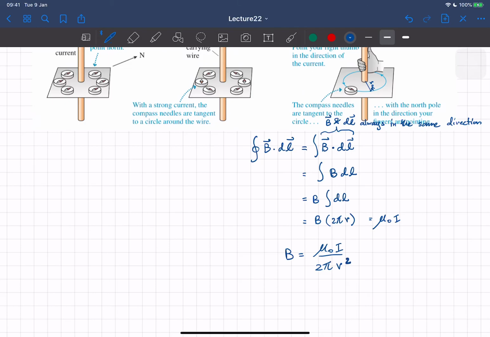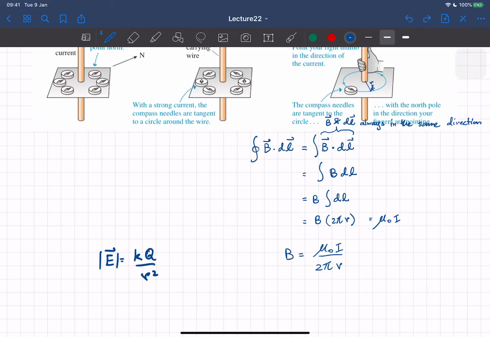So the further away from the wire, the weaker the magnetic field is, but it's not weaker by 1 over r squared. Some of you might expect this, because for the Coulomb force or the electric field, if you remember, E from a charge is kq divided by r squared. But the magnetic field from a wire actually has 1 over r dependence.